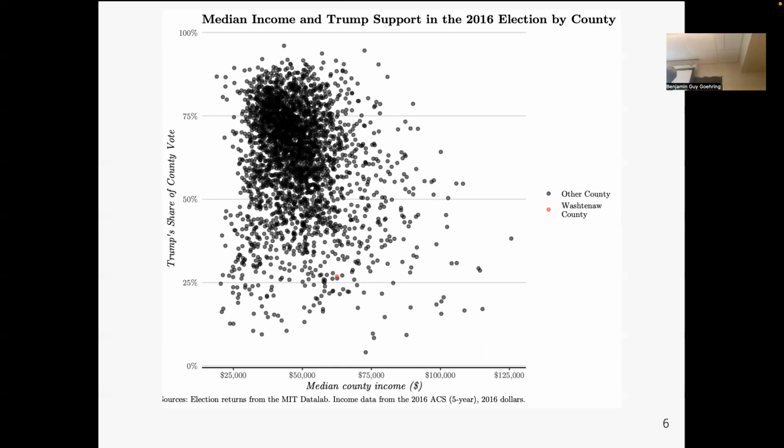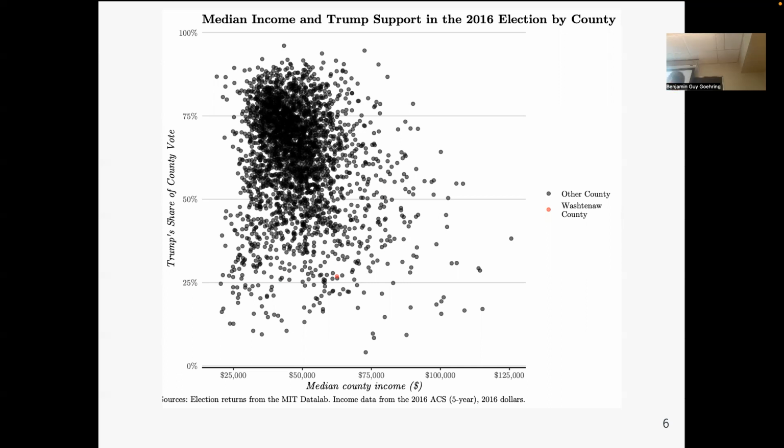Top left is going to be a lot of counties that have relatively low incomes and were highly supportive of Donald Trump. Over here, we have very Democratic, very liberal, wealthy counties. This is like outside of San Francisco. This is the Northern Virginia, Maryland, DMV area, stuff like that.